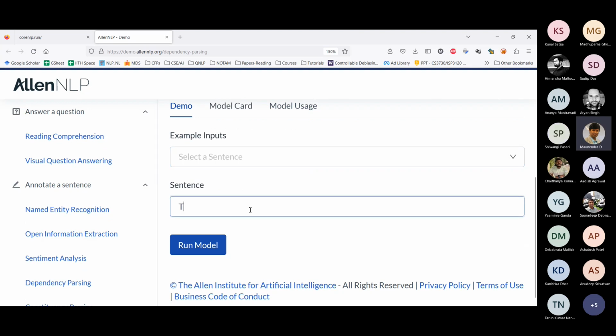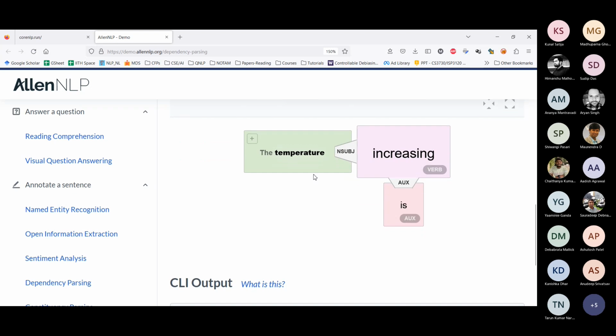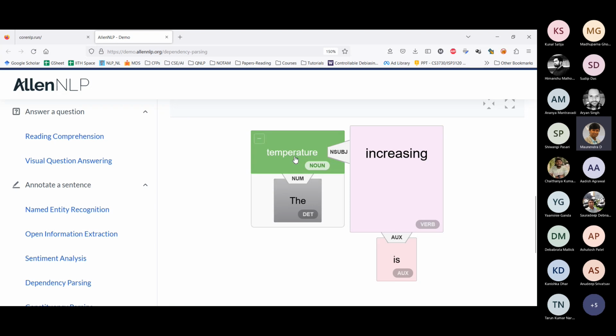Okay, so let me see here. The temperature is increasing. Here, increasing is the verb, is is auxiliary, and the temperature is the subject to that. The temperature also has a relation. Temperature and the together are the subject, but there also you have a relation between them.